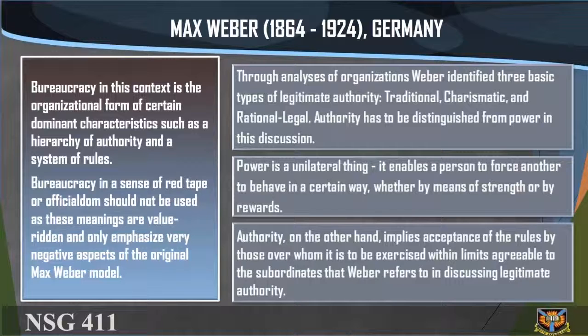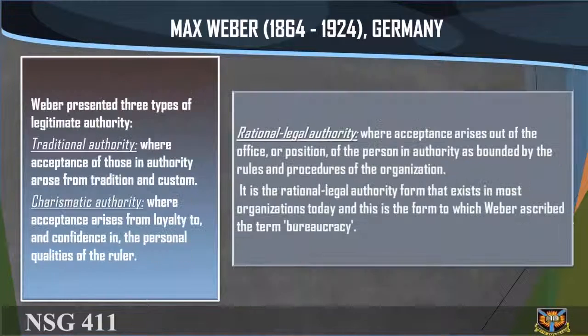It enables a person to force another to behave in a certain way, whether by means of strength or by rewards. Authority, on the other hand, implies acceptance of the rules by those over whom it is to be exercised within limits agreeable to the subordinate that Weber refers to in discussing legitimate authority.